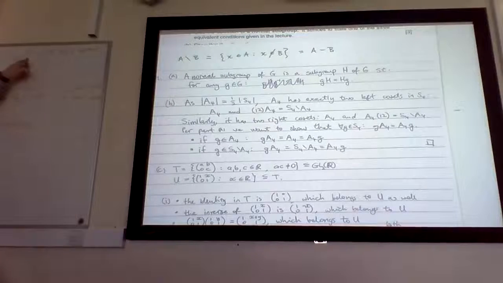So I prove that by taking a typical element from A4 and showing that when I conjugate it, I end up in A4. So maybe you need another implication, therefore sigma A4 sigma inverse is contained in A4, because all of its elements go into A4. So therefore A4 is normal.